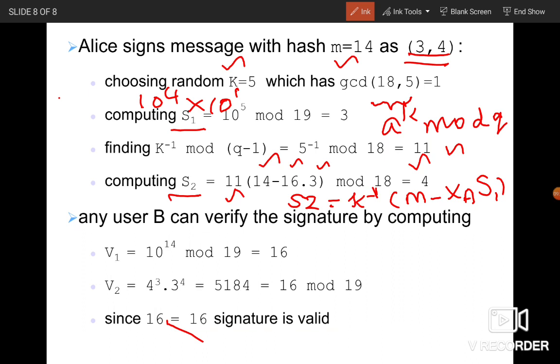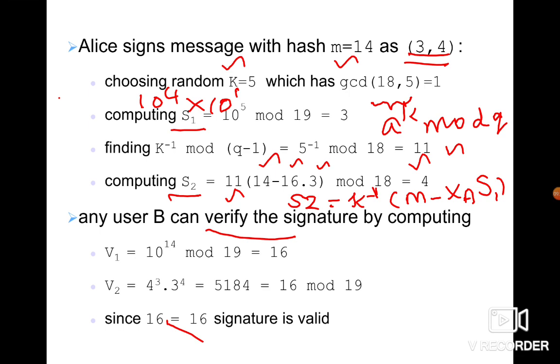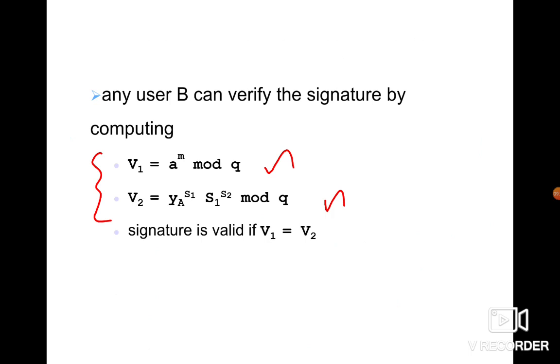At the receiver end, they can verify the signature. So again they have to calculate the components V1 and V2. Okay, so what is the formula for V1? V1 is a power m modulus q. And V2 is Ya power s1, s1 power s2 modulus q.